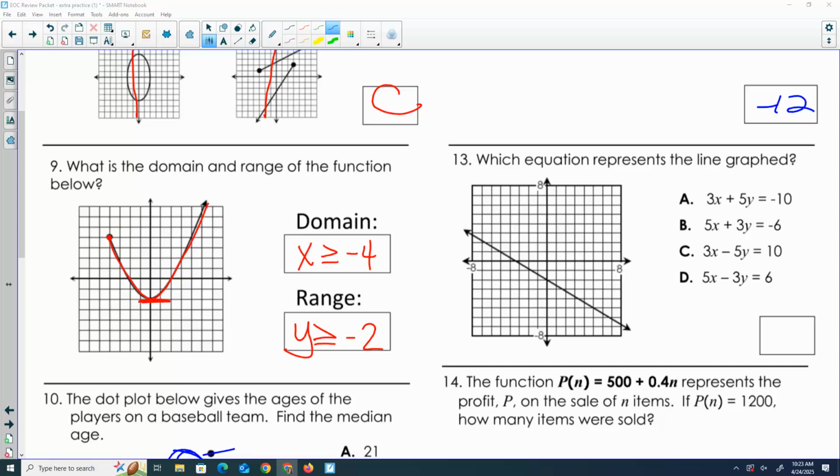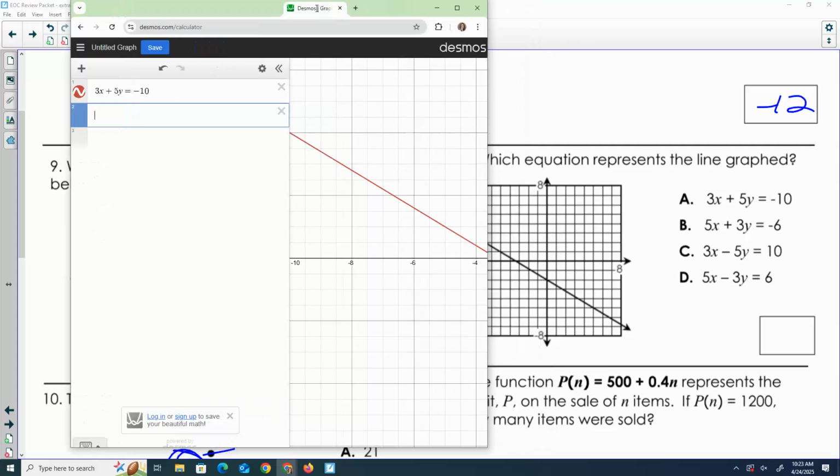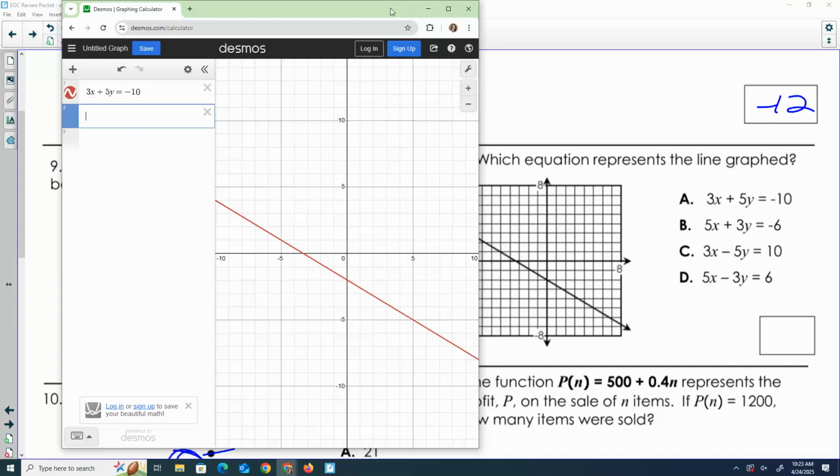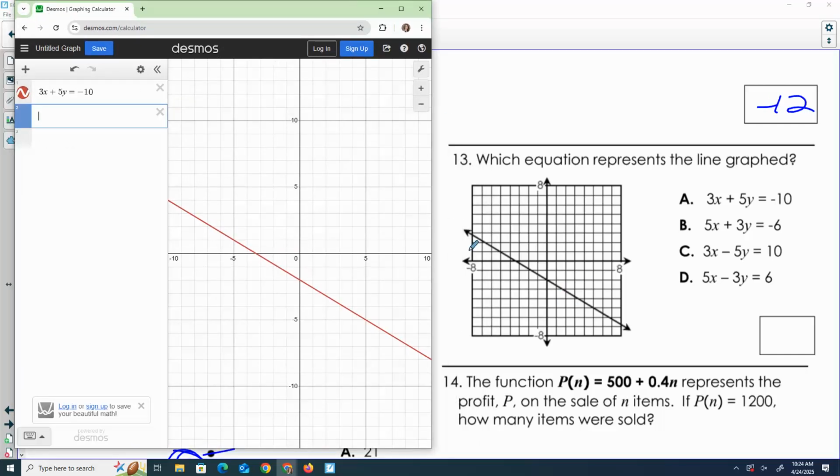All right, so what I would do is just type in each of these. 3x plus 5y equals negative 10. When I'm looking at that, does that look like my answer? This one says it hits the y-axis at negative 2.